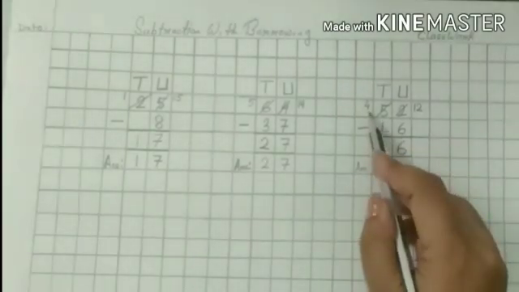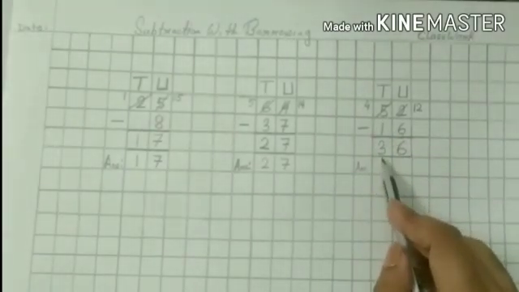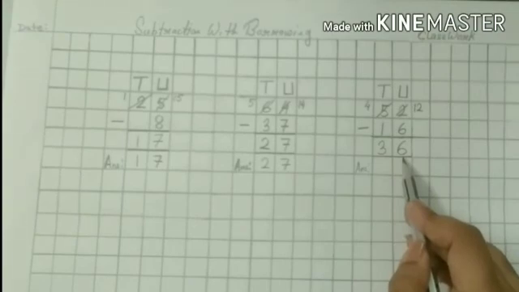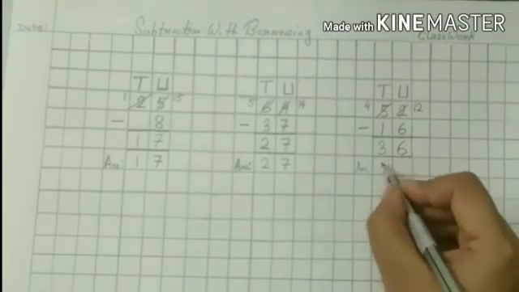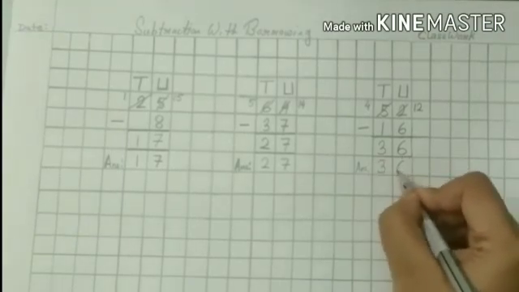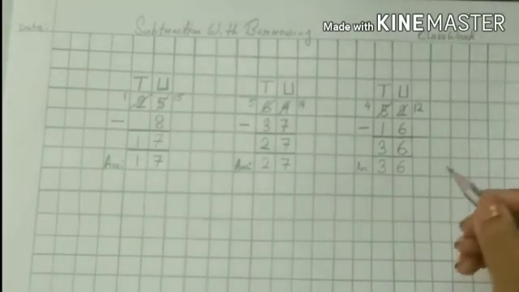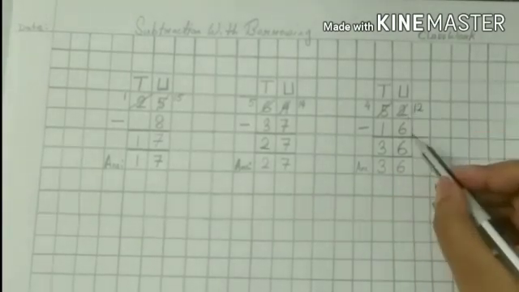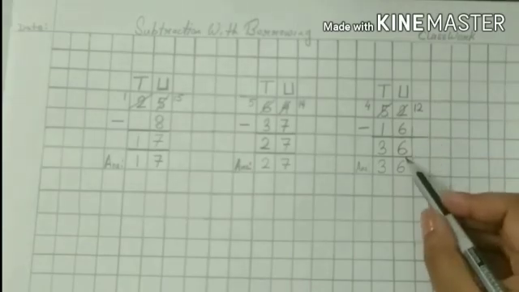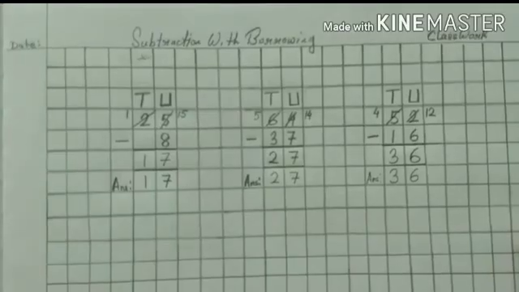Right? 4 tens minus 1 ten is equal to 3 tens. So the answer is 3 tens plus 6 units. That is 36. Right, children? So 52 minus 16 is equal to 36.